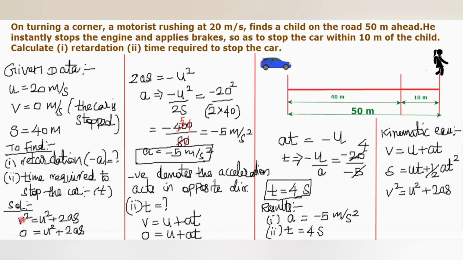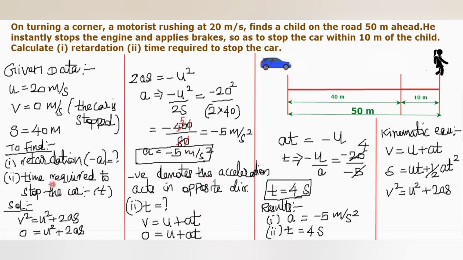Substitute the value of final velocity 0, rearrange the equation, substitute the values of u and s, simplify, and we will get the value of acceleration. Here, the negative symbol denotes that the acceleration acts in opposite direction. That is called retardation. It means the car is moving towards the right side. This acceleration will act towards the left side, that is opposite to the direction of motion of the car.